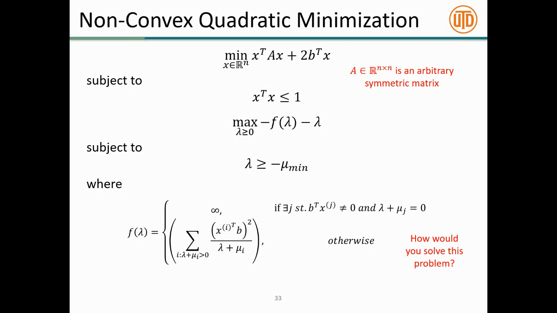If there's a place where the derivative is equal to 0 that satisfies those constraints, that will be the solution. Otherwise, it's just lambda on the boundary. So we can just binary search to find the solution in this case. Okay, so let's stop there for today.